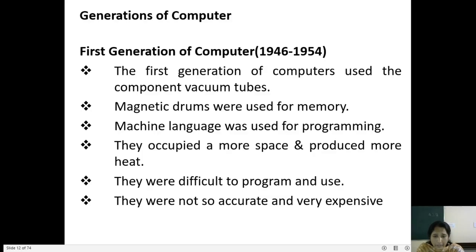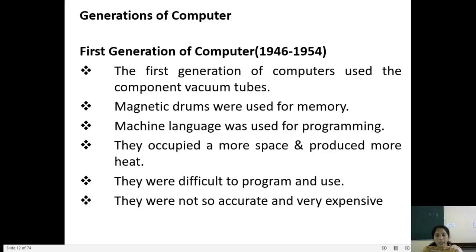At that time, what technology did they introduce? They used vacuum tubes to build the computers. Vacuum tubes are built on the principle of the cathode ray tube, which consumes a lot of energy and produces heat. For memory they used a magnetic drum, and the programming language was machine language.